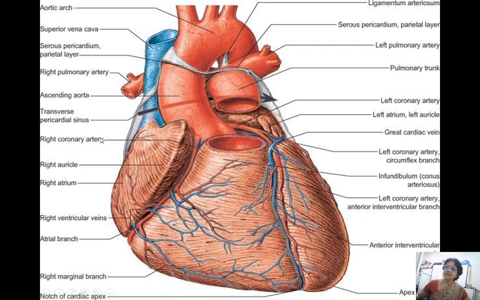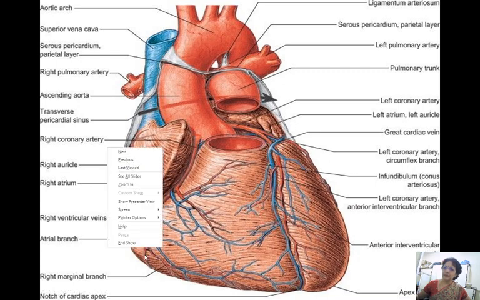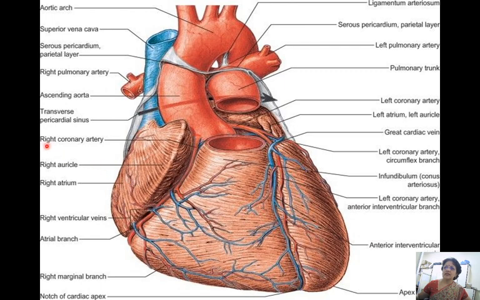So this was the right coronary. The right coronary artery is found in this groove, by the right ventricle.